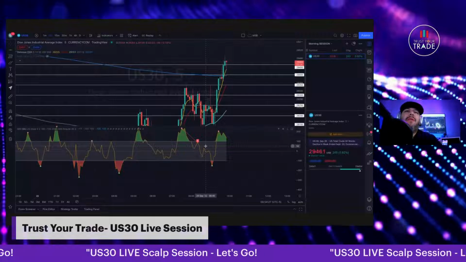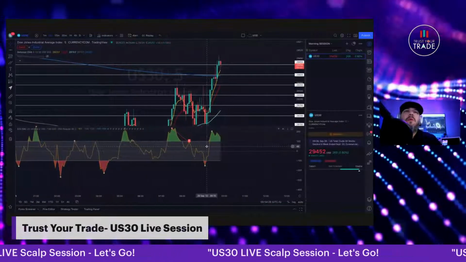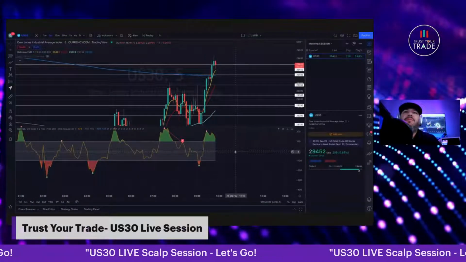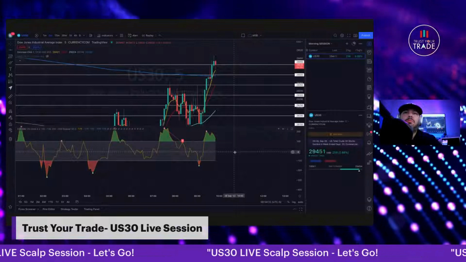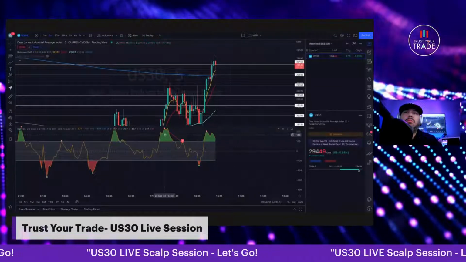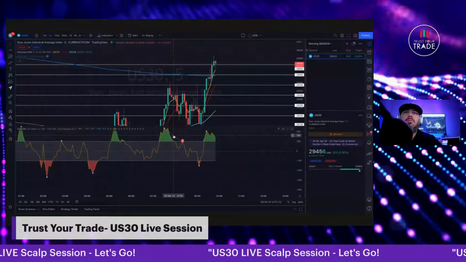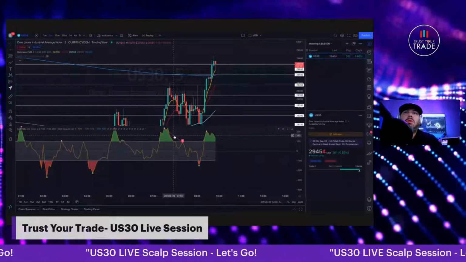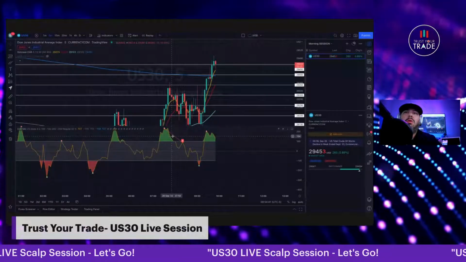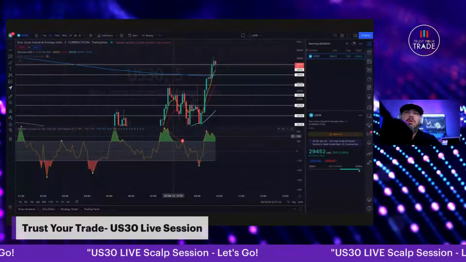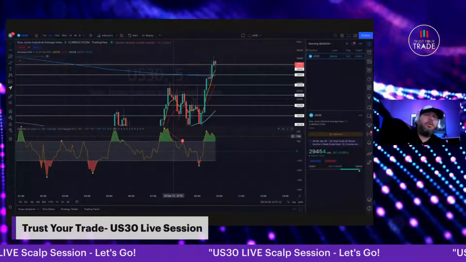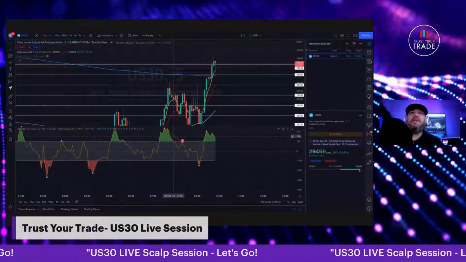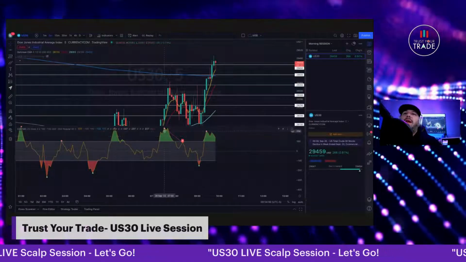We're still overbought on the 5 minute where we got in. And look, guys, she doesn't just shoot straight down.